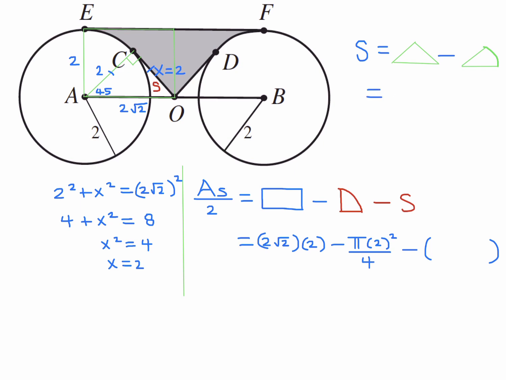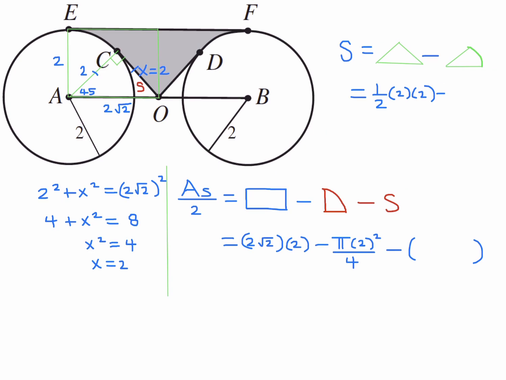Area of the triangle, well, that's just 1/2 base times height. I can use this as the base and that as the height. Both of those distances are 2. So it's 1/2 times 2 times 2. The pi segment is basically a fraction of the total circle. Well, the total circle is pi r squared, where r is 2.